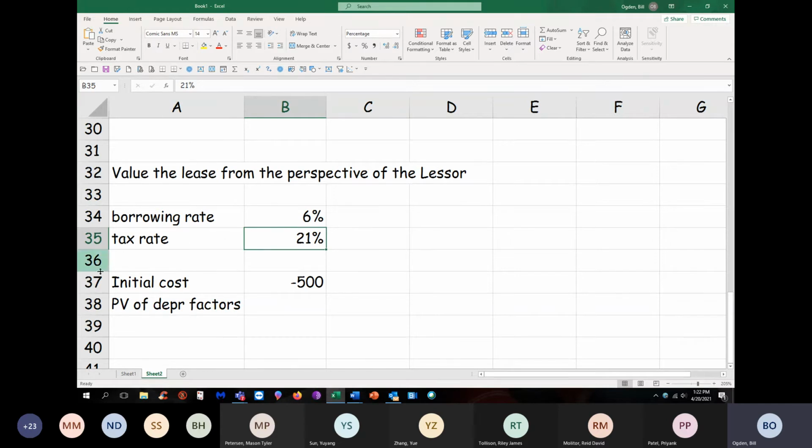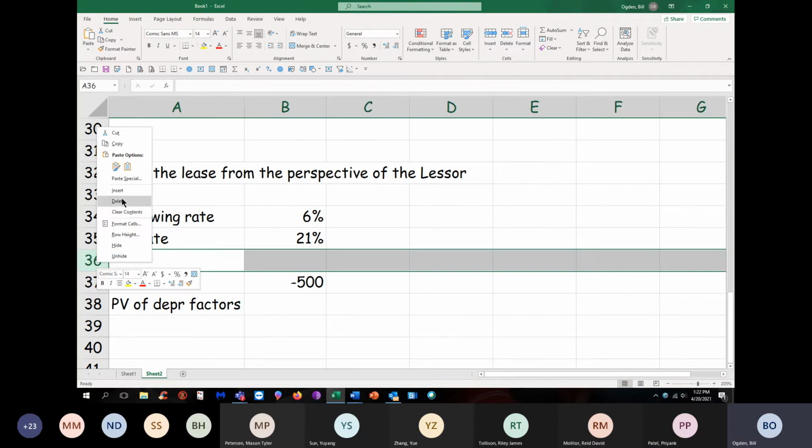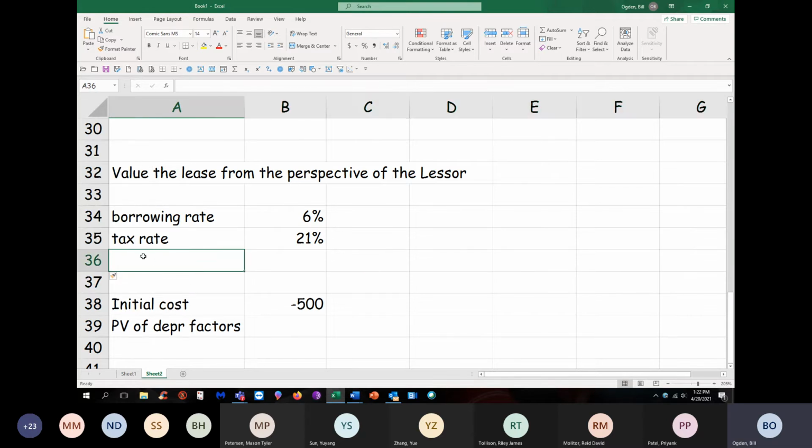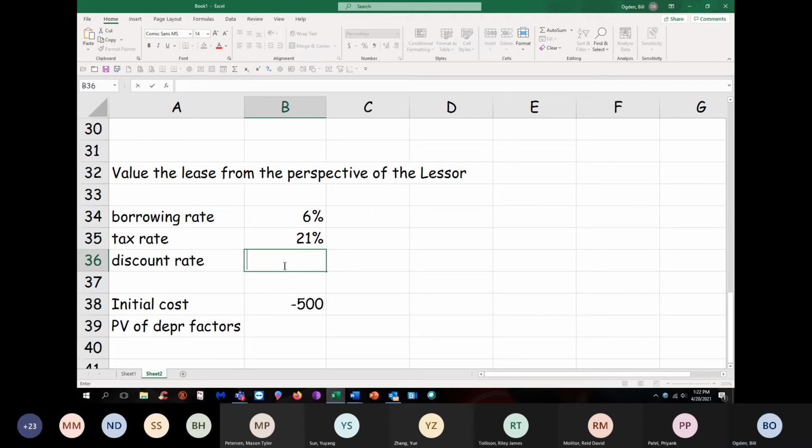Okay, and let's insert another row here, and let's give this one the discount rate. So that would equal the borrowing rate times 1 minus the tax rate.